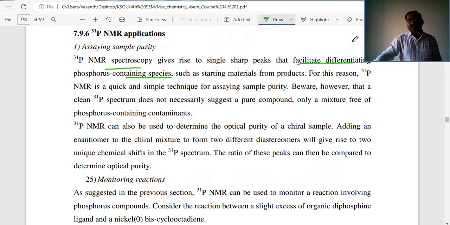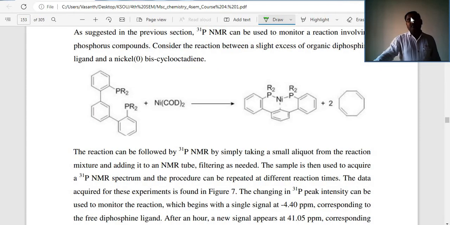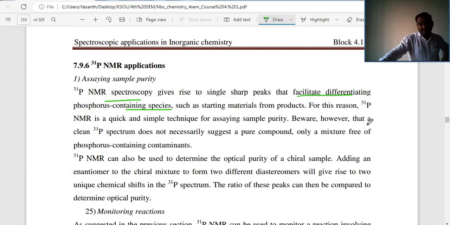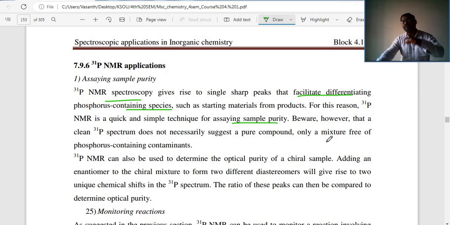For this reason, phosphorus-31 NMR is a quick and simple technique for assaying sample purity. However, a single phosphorus-31 spectrum does not necessarily suggest a pure compound.